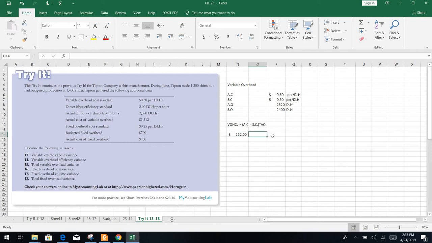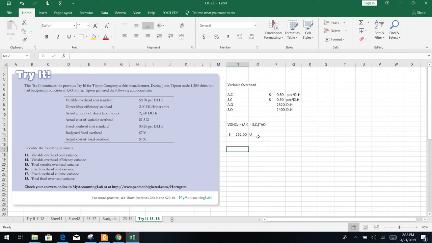So that's encouraging also. Another minor sign, maybe that's a hint, but not always. Sometimes it is a weird value, but a lot of times not. And so now all we have to do is check and see if this is a favorable or an unfavorable amount. And our actual cost here, AC, was 60. Our standard cost was 50. Our actual was more, so that's unfavorable.